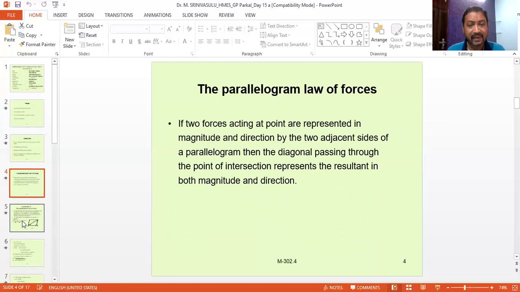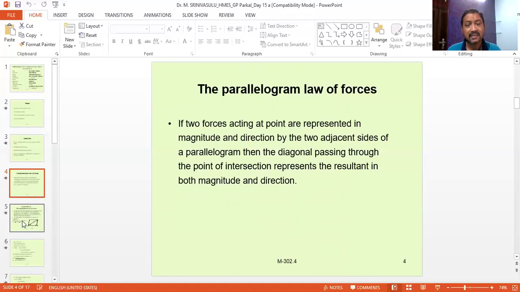That means when two forces acting at a point are represented by the two adjacent sides of a parallelogram, then the resultant of these two forces can be represented both in magnitude and direction by the diagonal of the parallelogram which is passing through the point of intersection of the two forces.